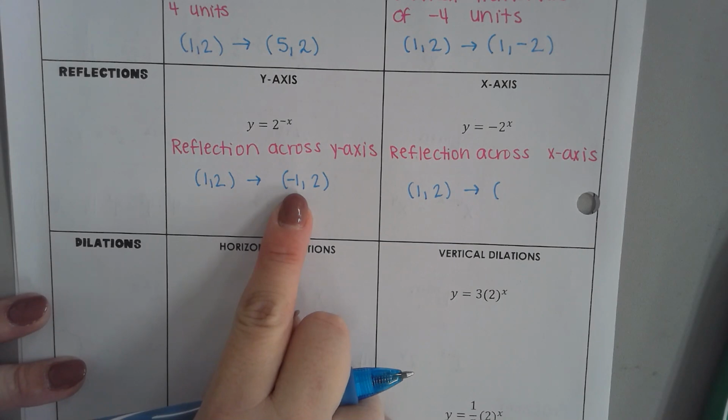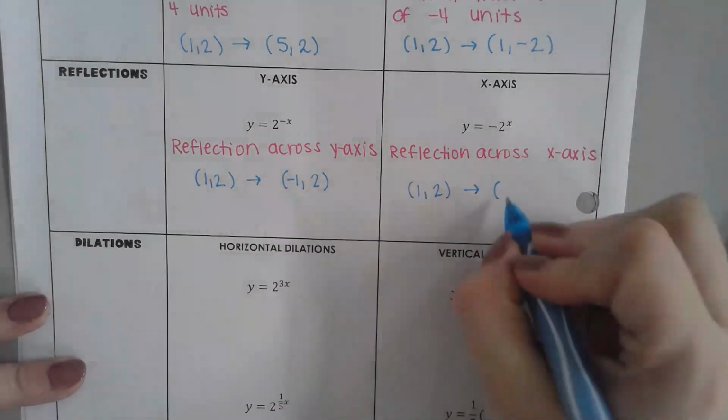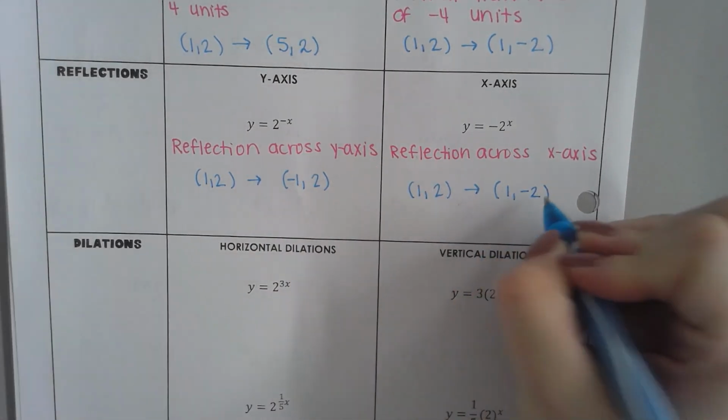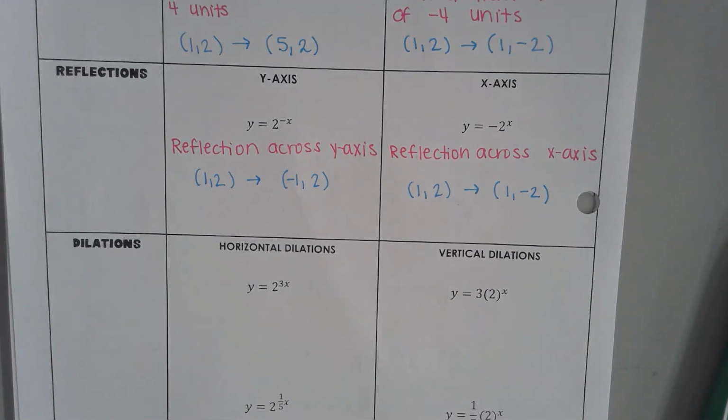So this one's going to be 1, negative 2. If you jump across the x-axis, your x stays the same, your y changes.